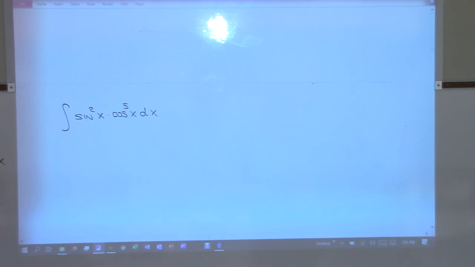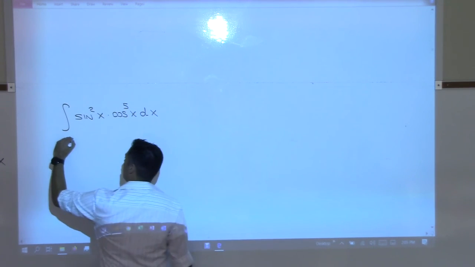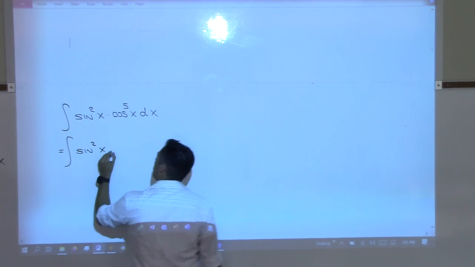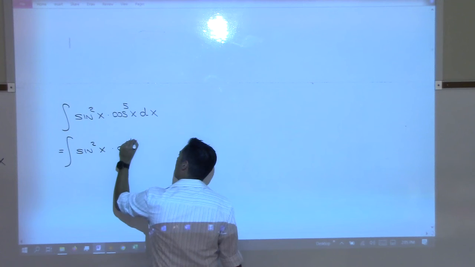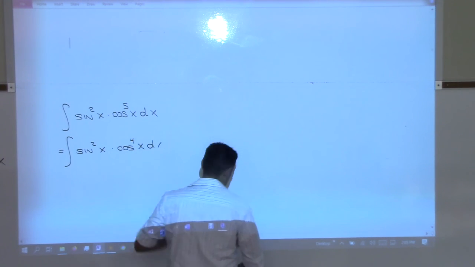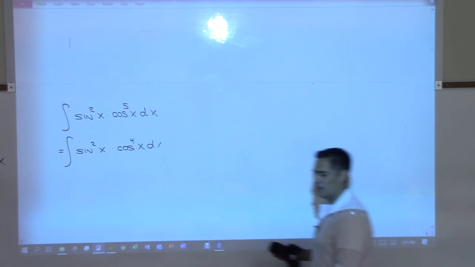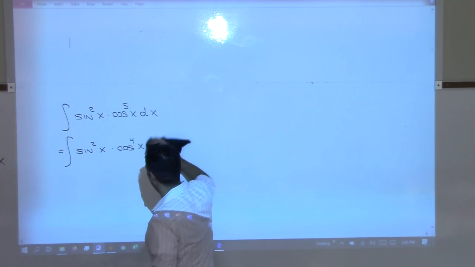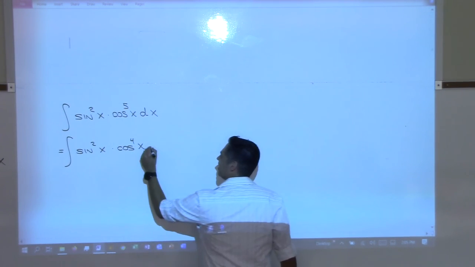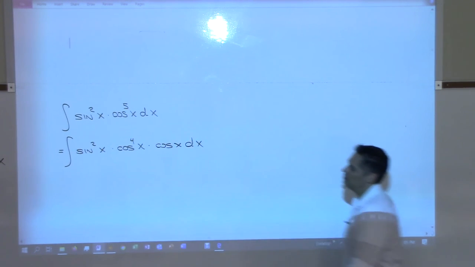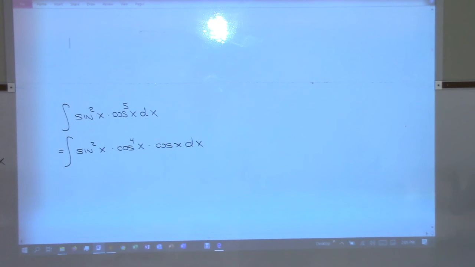So let's try it. We have cosine to an odd power. We will factor out one factor of cosine, cosine x dx. There we go. So we just peeled off one factor of cosine, right?